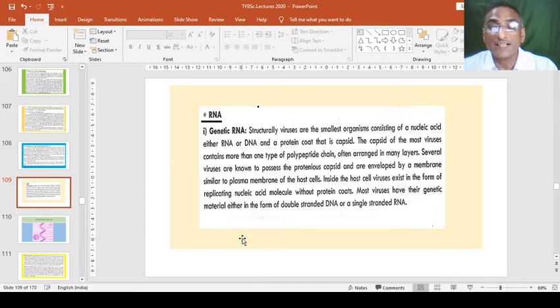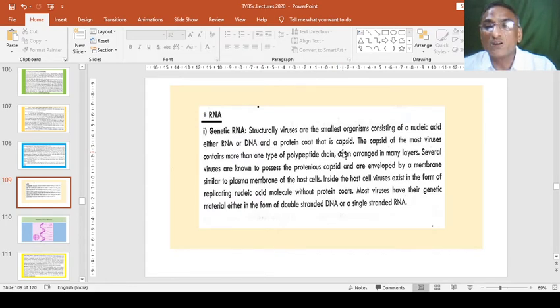These are double stranded. Now we will see RNA. RNA are generally single stranded, and what is the arrangement that we will see here? One, genetic RNA. Structurally, viruses are the smallest organisms consisting of a nucleic acid, either RNA or DNA, and a protein coat, that is capsid.